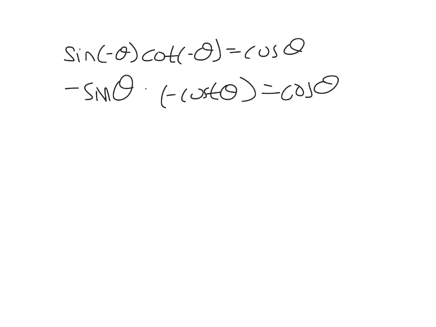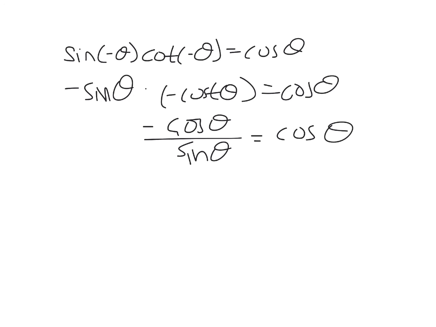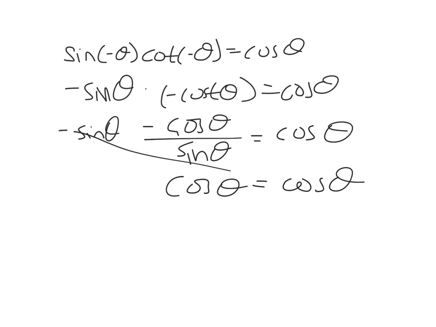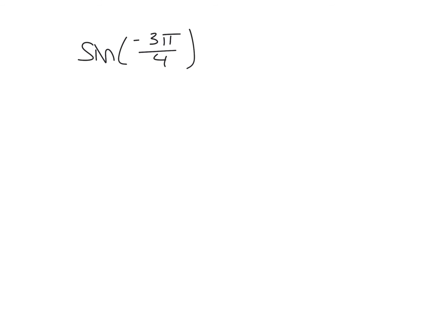We know cotangent theta is equal to cosine over sine. And two negatives multiplied together make it positive, and the sines cancel, leaving me with just cosine theta. We prove that identity.